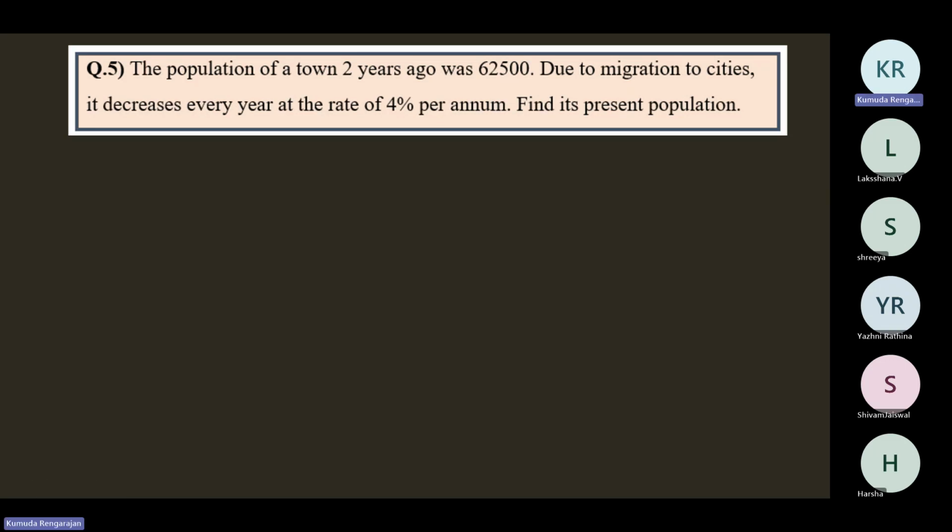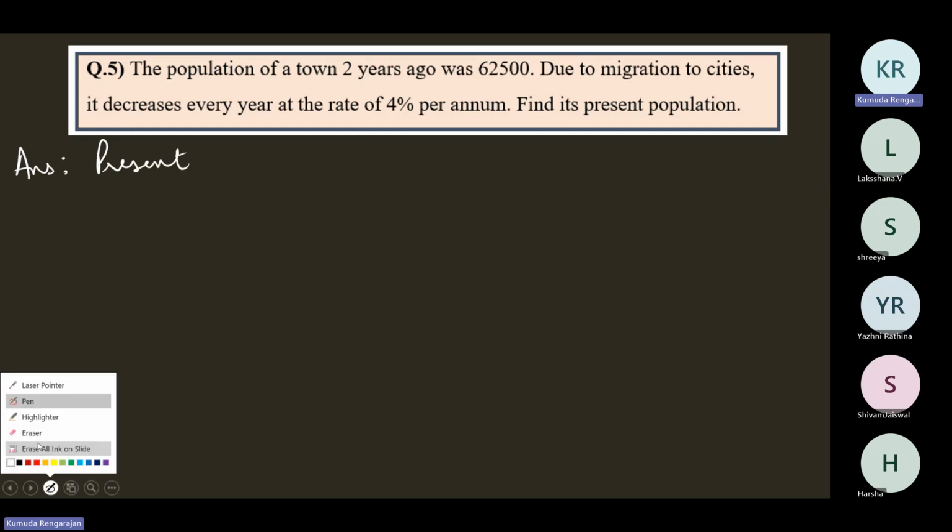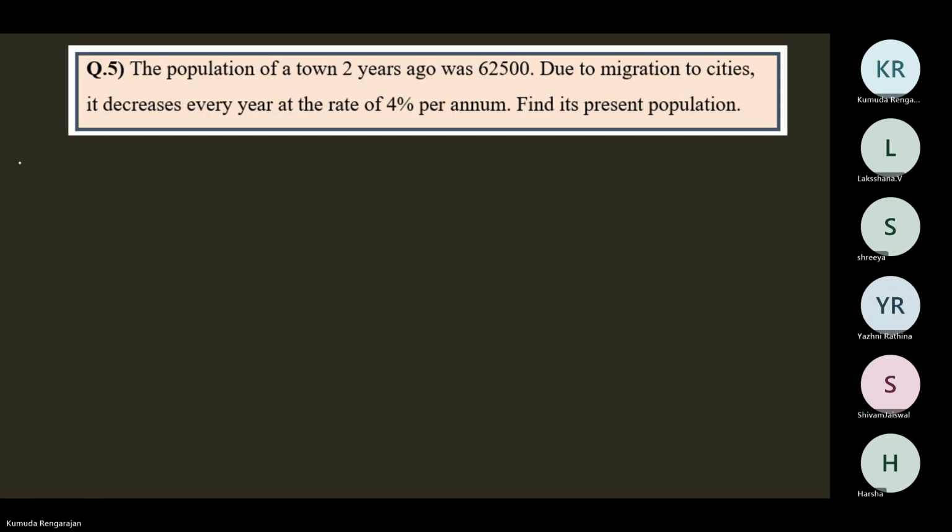So that compound interest formula we'll modify and use the terms used in this question. It'll look like this. Present population is the amount, so let me write that formula first. Amount is equal to P into 1 minus R by 100 to the power N, because it decreases.